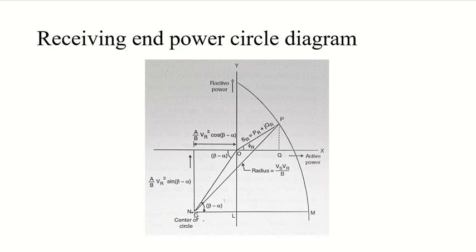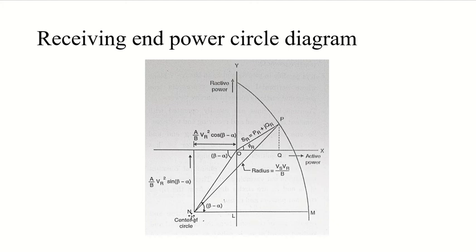You will draw a vertical line which will intersect your vertical axis at some point L, and it will intersect the circle at some point M, this point. And this LM distance will be the distance which represents the power at the receiving end. So this is the power at receiving end, right. So you can find the receiving end power from the circle diagram this way.